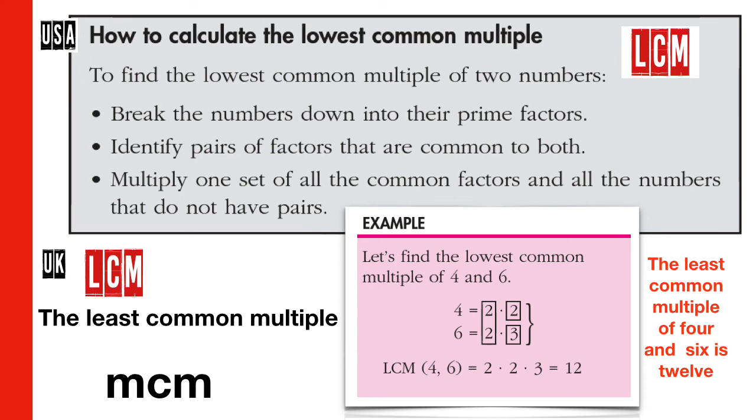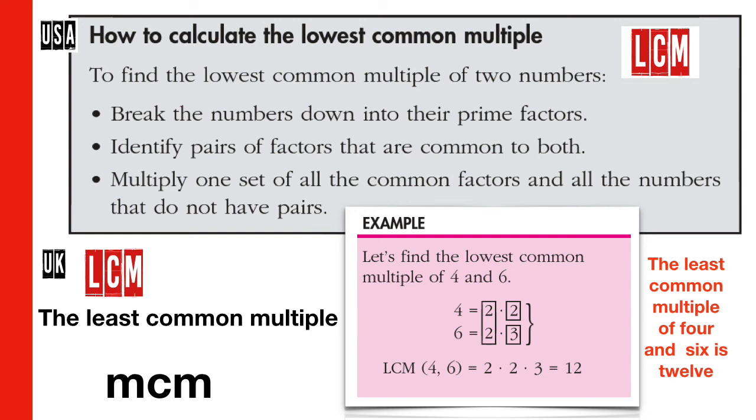Let's find the lowest common multiple of 4 and 6. First, break down the numbers into their prime factors. 4 equals 2 times 2. 6 equals 2 times 3.